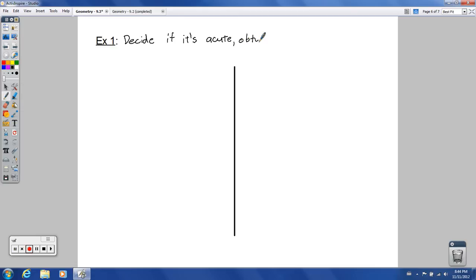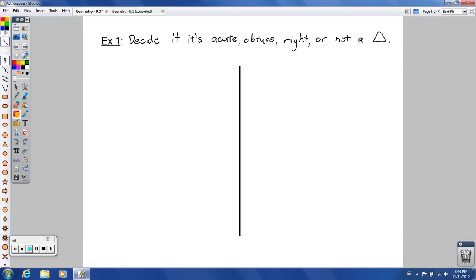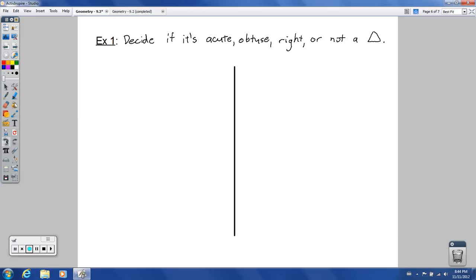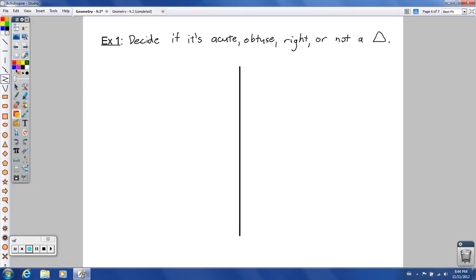So I'm going to draw them to look like they actually are triangles, but we're going to decide if that's even a possible picture. So here's a couple examples to start off with. I don't want to use green there, I want to use black. Let's try that again. So that should do it now for me.